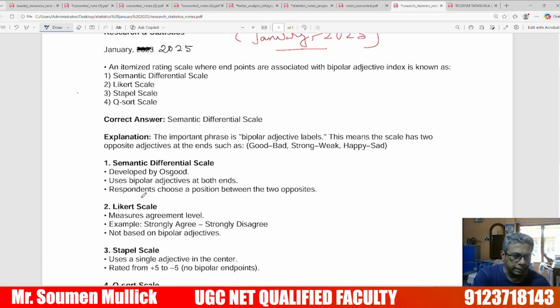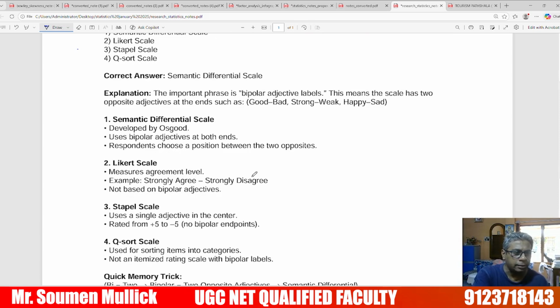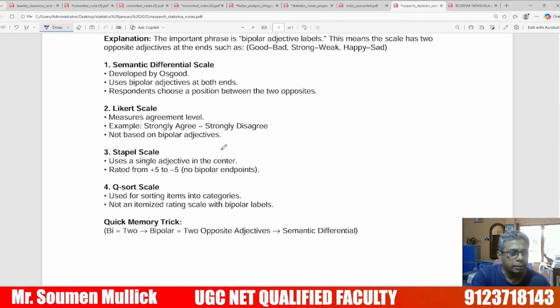Second, the Likert scale measures agreement level, for example strongly agree, strongly disagree, not based on bipolar adjectives. The staple scale uses a single adjective in the center, rated from +5 to -5, with no bipolar endpoints. Q-sort scale is used for sorting items into categories, not an itemized rating.